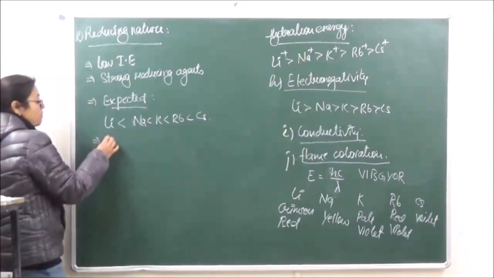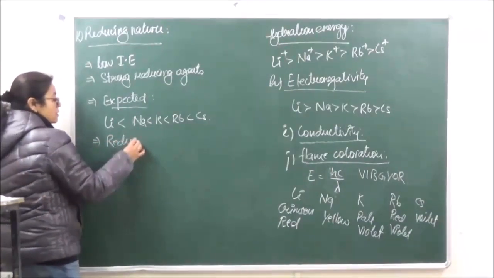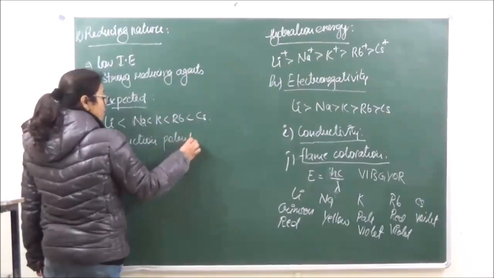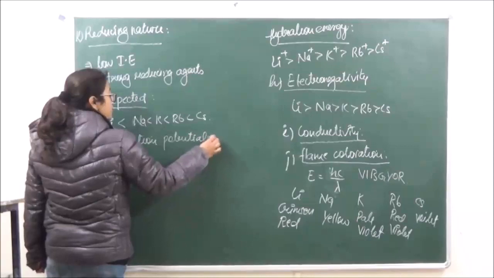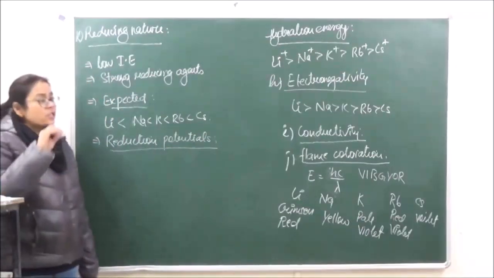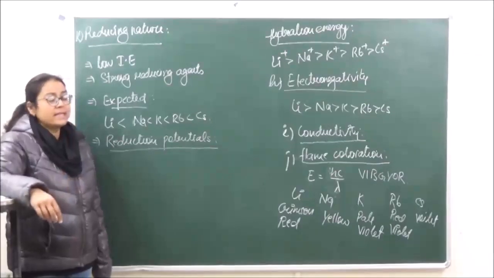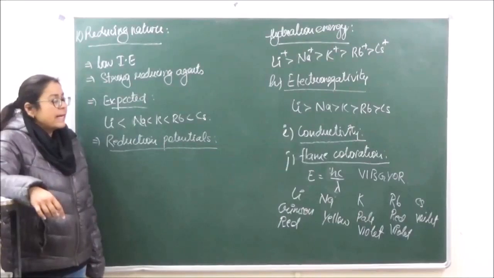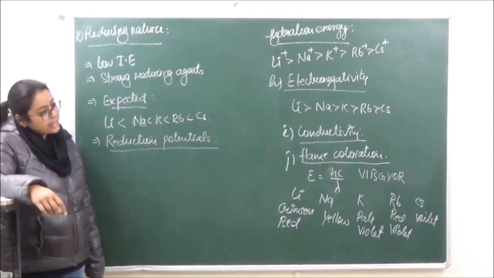When we are talking of the values of reduction potentials, reduction potential value is derived from the ease with which it is reducing other elements and itself getting oxidized. Oxidation means to lose an electron, and losing of electron will depend upon the ionization energy.